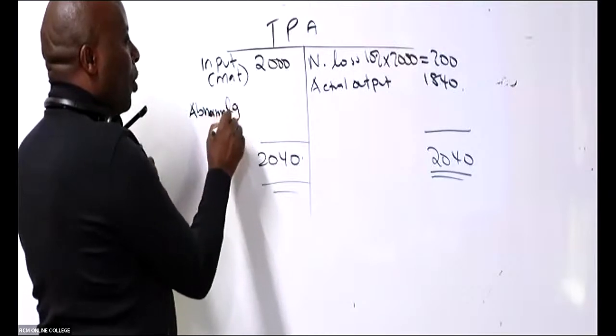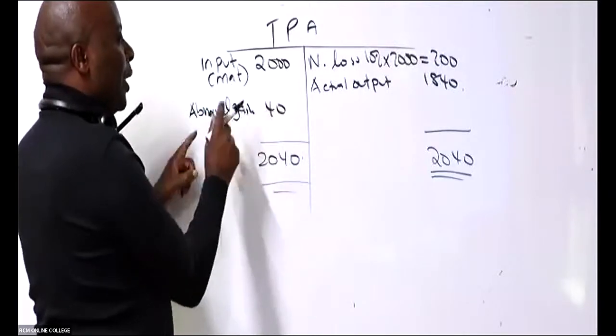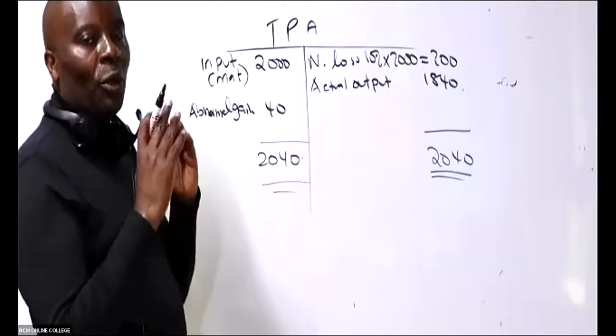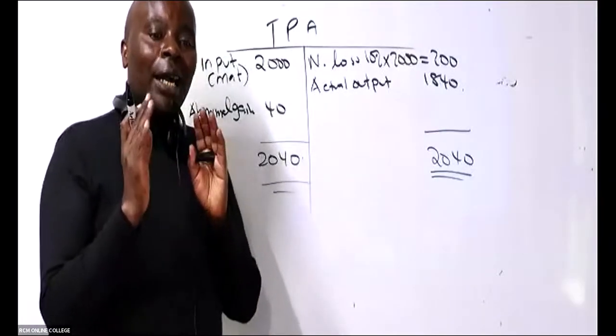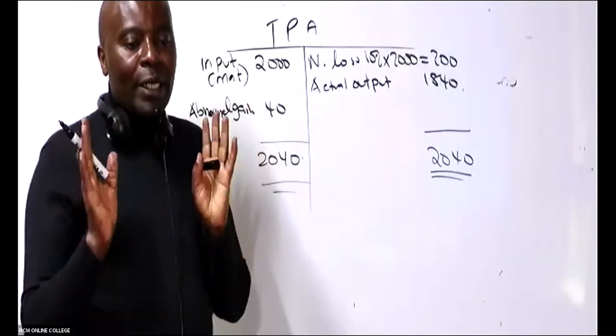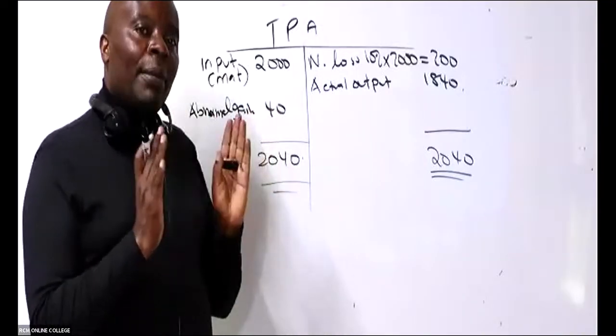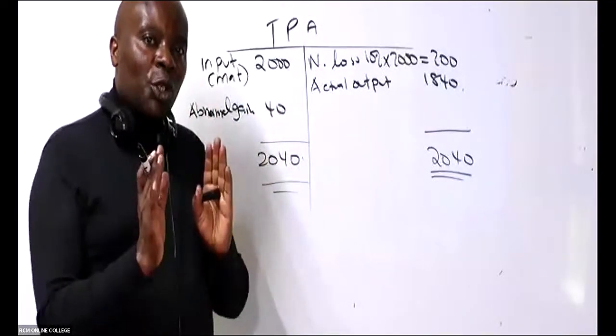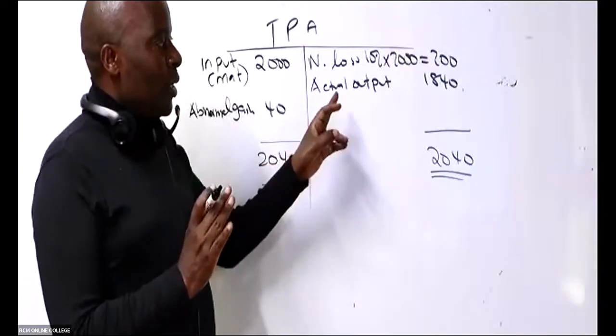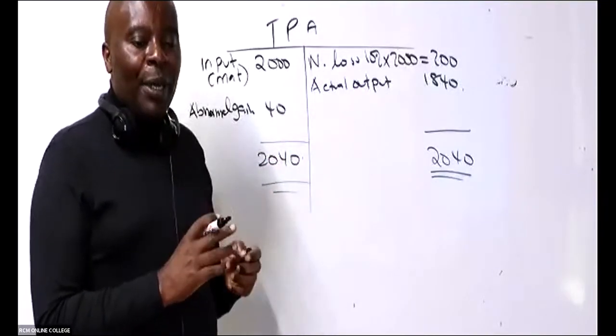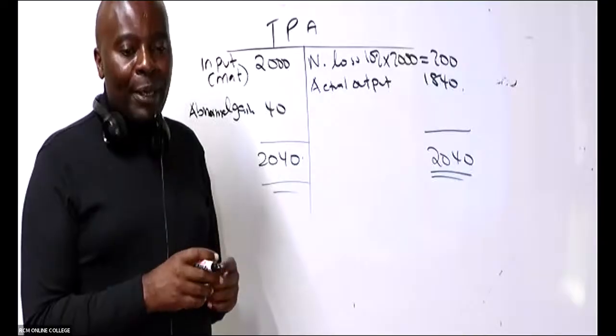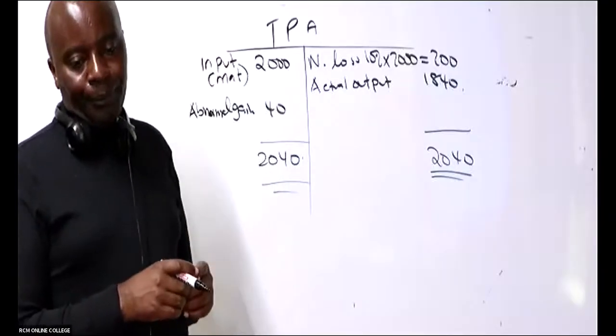That's why we are debiting this side, and then we shall credit. Remember, gains are credited to the P&L. Once I get the monetary value of this, I'll be able to credit abnormal gains to the P&L. If it were here, it would have been an abnormal loss.